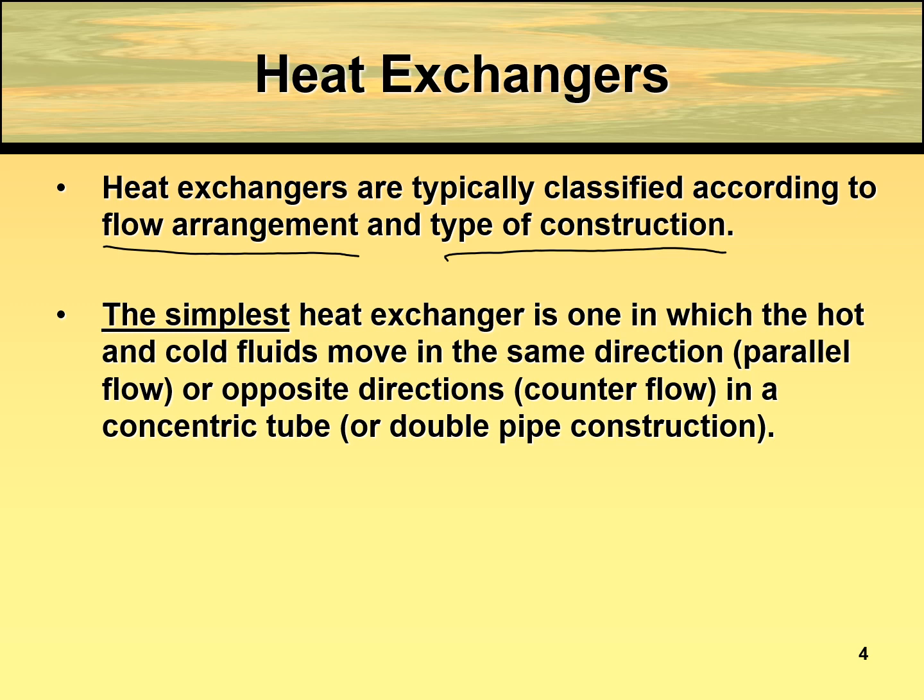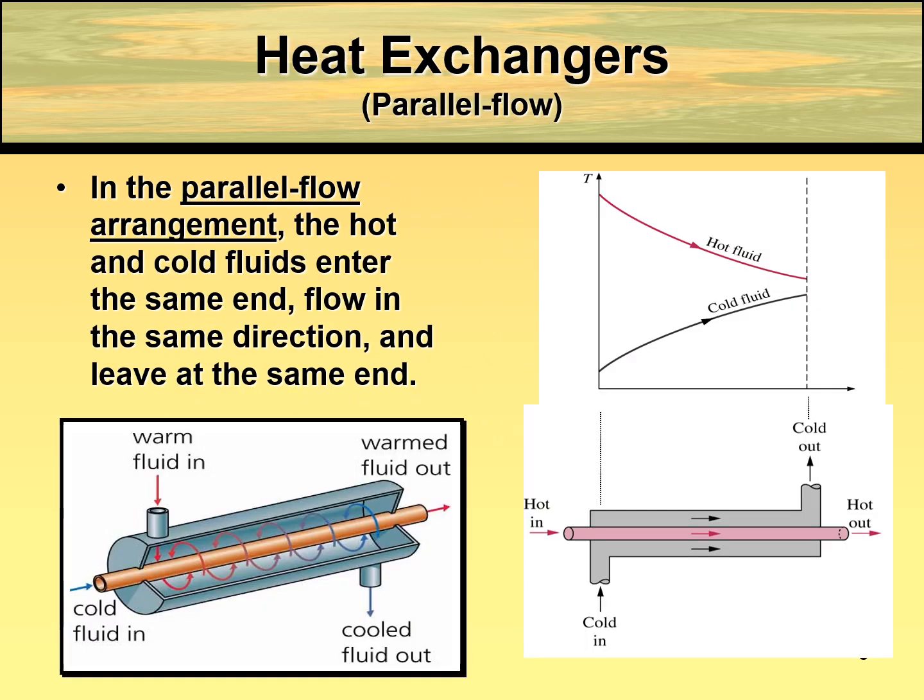The simplest heat exchanger is one in which hot and cold flows move in the same direction, which is known as parallel flow, or they can be in opposite directions, which occurs in concentric tube or double pipe construction, given by this drawing. As you can see here, one has the outer tube and one has the inner tube. The inner tube can run with the hot flow or cold flow, and the outer tube can run with either the hot flow or cold flow.